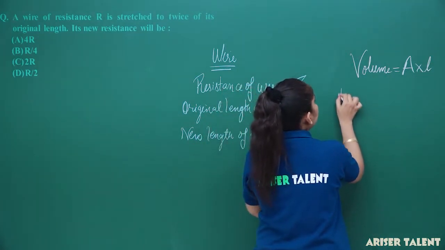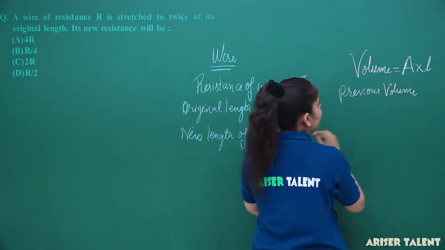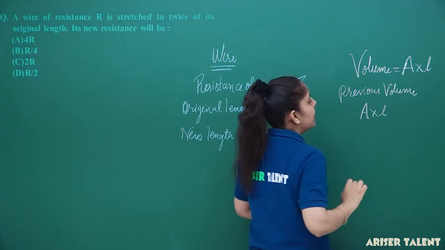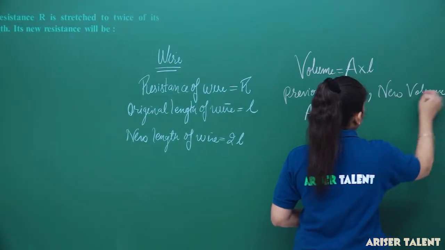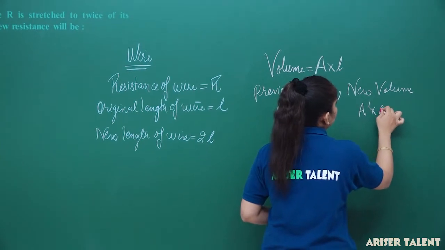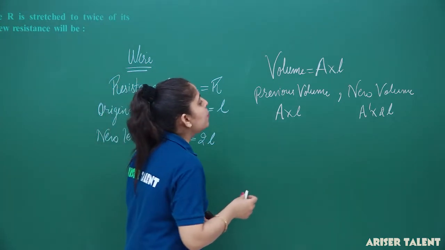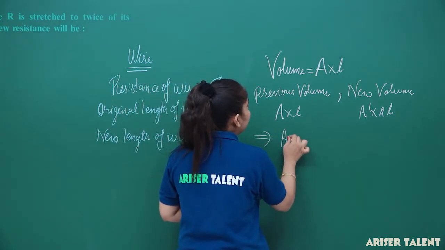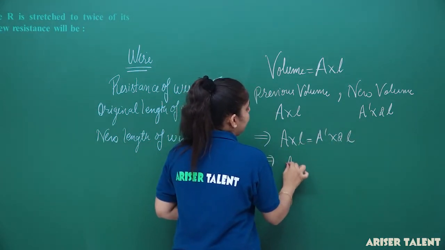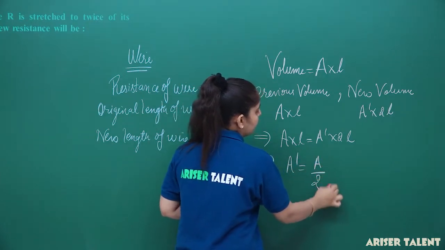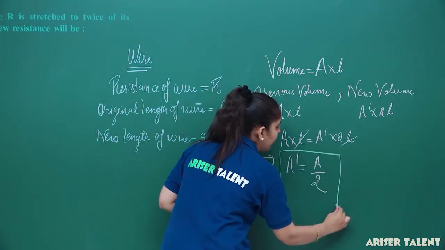Now, if I consider the previous volume, it will be A into L. The new volume will be A dash into the new length, which is twice L. If I calculate the value of A dash from here, A dash will be equal to A upon 2, because L will be cancelled by L. So the new value of the area is A by 2.